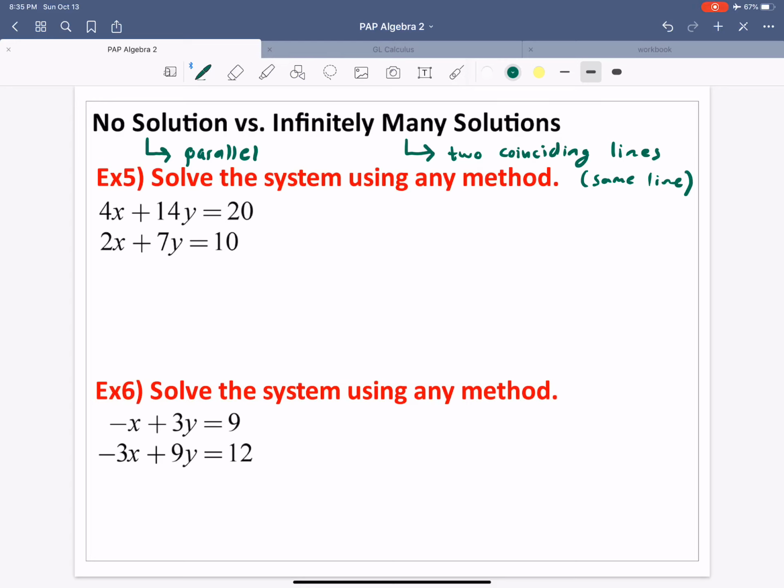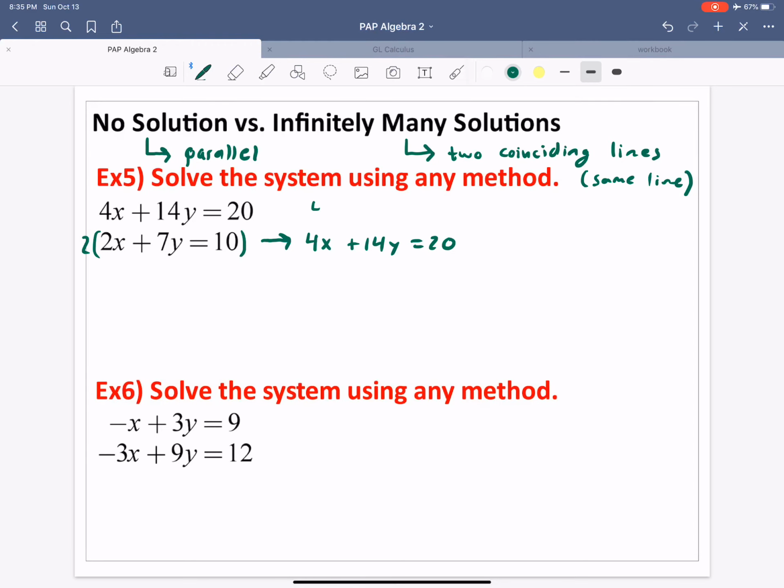So if you look at example 5, it says solve the system using any method. Very clearly, the best method here is going to be elimination. And I'm going to take the second equation and multiply it by 2. So when I multiply the second equation by 2, I get 4x plus 14y equals 20.